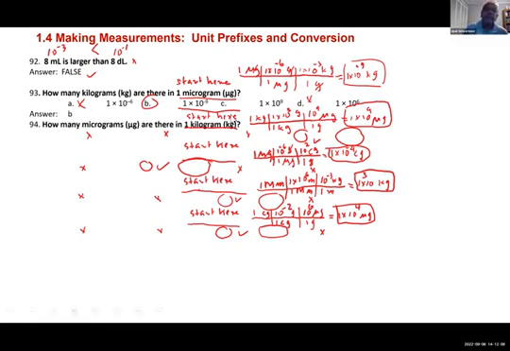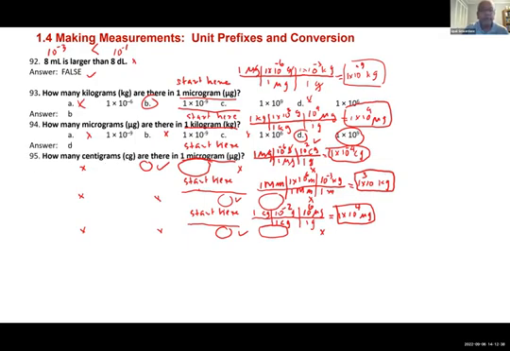You start here and convert it to micrograms. This is the opposite of microgram to kilograms, micrograms from kilograms. So it's 10 to the negative 9 there, 10 to the 9.